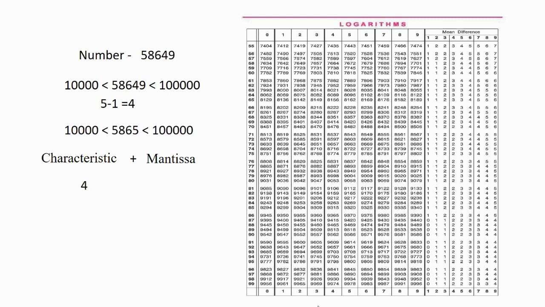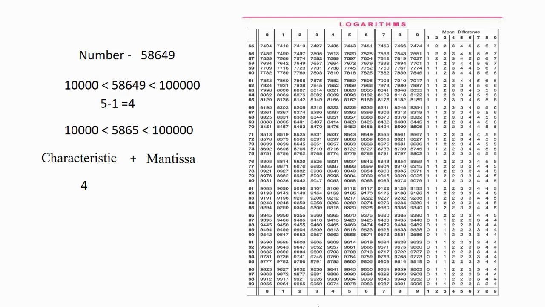But students, as I already explained to you, there is a limitation of the log table that it just gives you the logarithm value of a 4-digit number. So what we have to do is approximate the given 5-digit number into a 4-digit number. Now you can see that we approximate the given number as 5865.